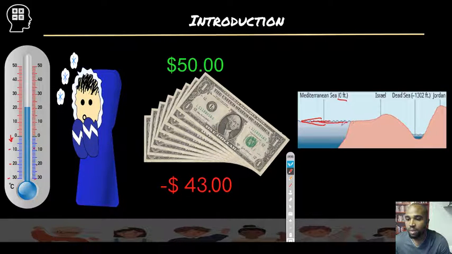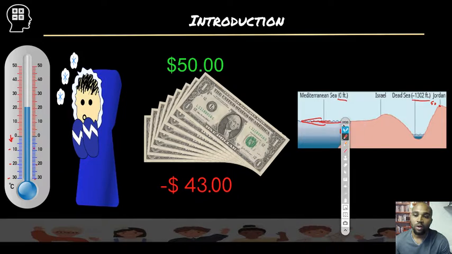And anything below that, we're going to consider what? A negative value, like we see right here. So the Dead Sea is below that level, so we call this negative, and that's negative 1,300 feet below sea level. While this point up here would be just a normal, positive number, like maybe 500 feet. And that means it's above zero. So you're already familiar with that.